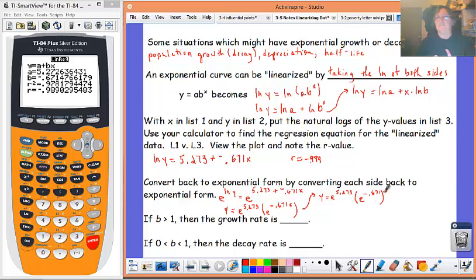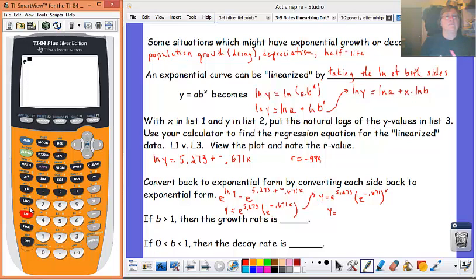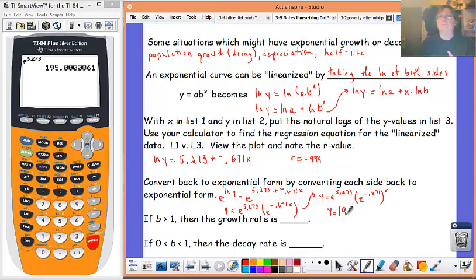Number times base raised to the xth power. Now the deal is e to the these things, those are numbers. We can find those out. So I'm going to write this equation with those in number form. So I need to have e raised to the 5.273 power, and that is around 195, real close.